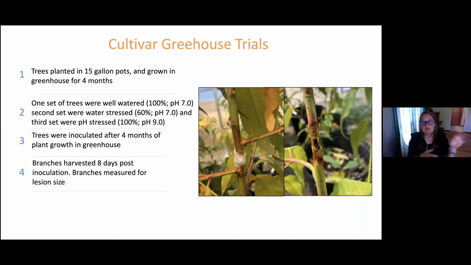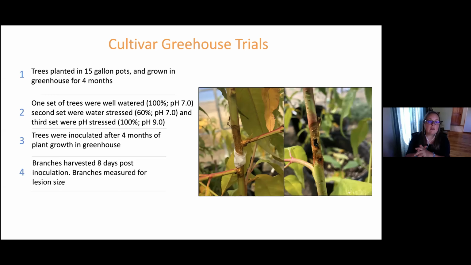For one set, we watered them at 100% pot capacity and kept the pH at about 7.0. For the second set, we wanted to see water stress, so we watered them only to about 60% pot capacity, but kept the pH at about 7. And the third set was pH stress, where we watered at 100%, but raised the pH to 9.